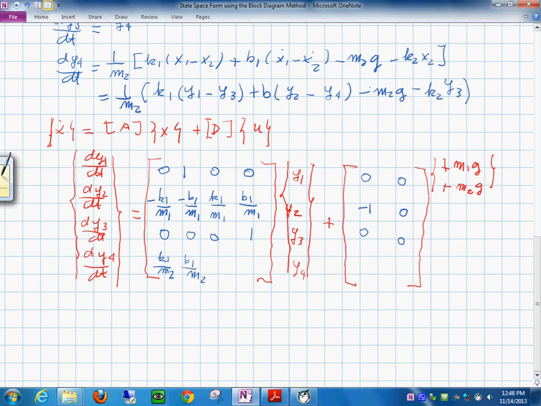But I believe on the third we have several contributions. On the third we have minus, this 1 and 2, and 3 has got 2 of them in here, so we're gonna have to do this: k1 over m sub 2 minus k2 over m sub 2.